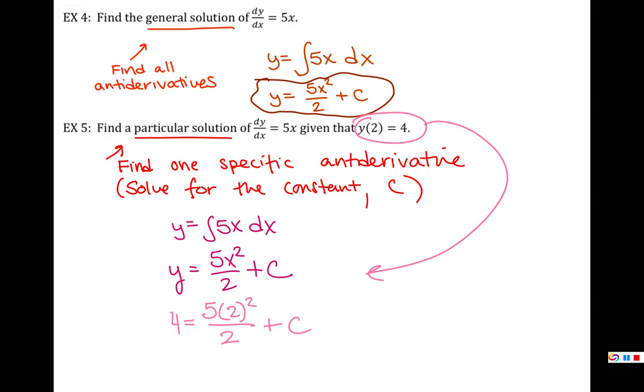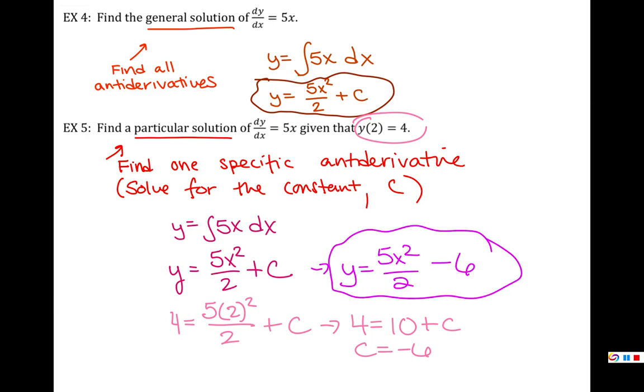So I took the 2, I plugged that in for x, and then I took the 4 and I plugged that in for y, and then I can actually solve for c, figure out what c is. So in this case, I get 4 equals 10 plus c, so that means c is negative 6. And there's my final answer in purple. My specific antiderivative, or my particular solution, is 5x squared over 2 minus 6.